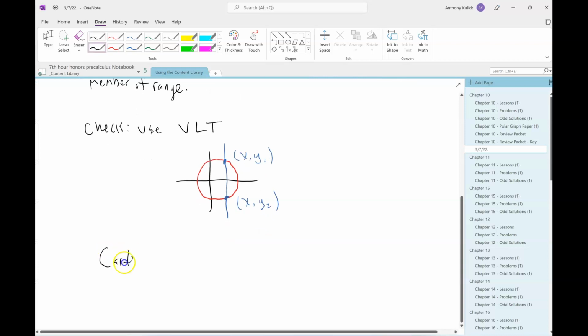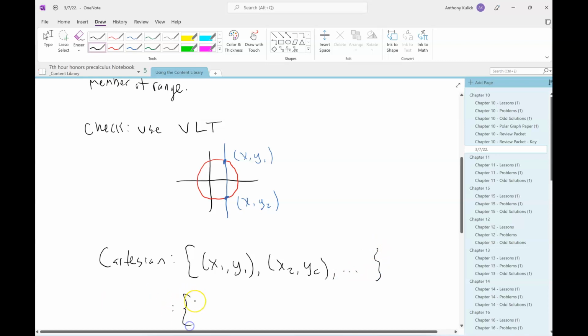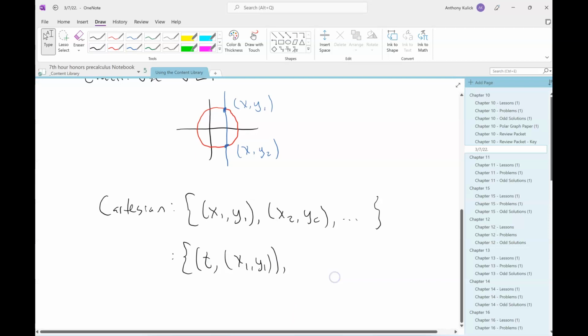So in the Cartesian sense, when we talked about our function, we had these pairs of x, y's, right? Well, what I would end up doing is my new ordered pair would be some parameter as the input, and the output would be the xy point itself.